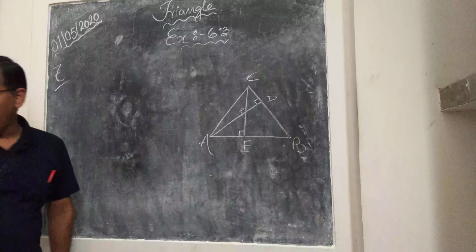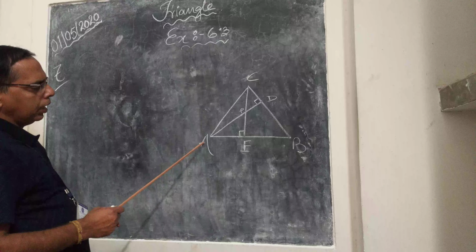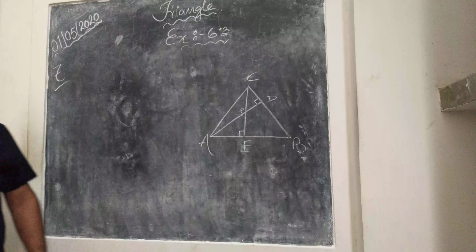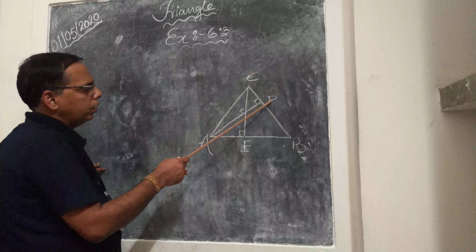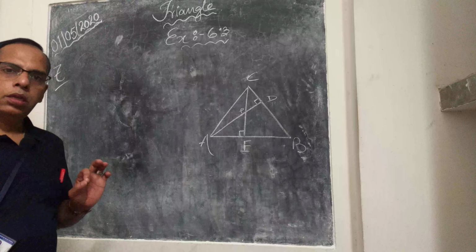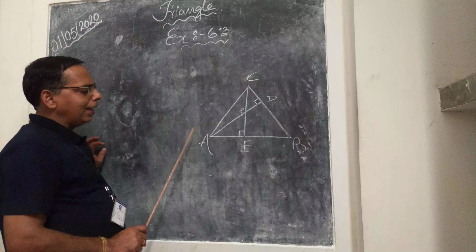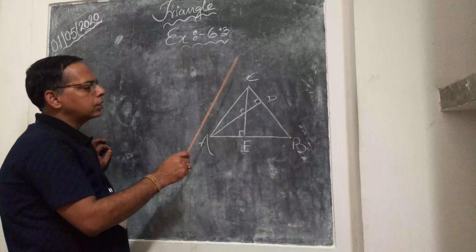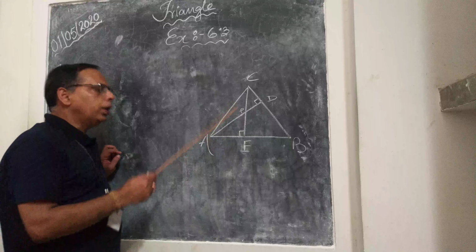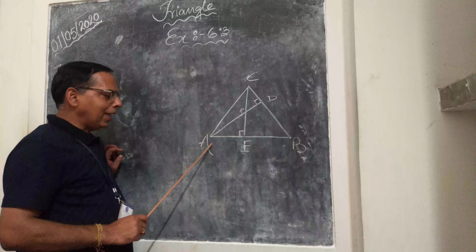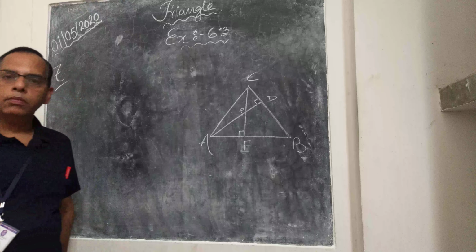So here you see, first proof, triangle AEP and triangle CDP. You just follow the instruction. From triangle AEP and triangle CDP, we get angle AEP equals angle CDP. What is the reason?